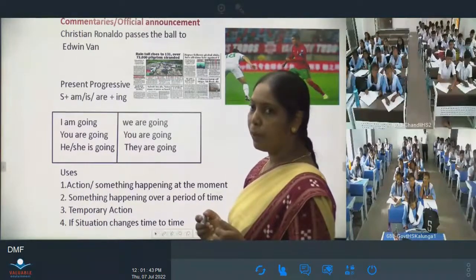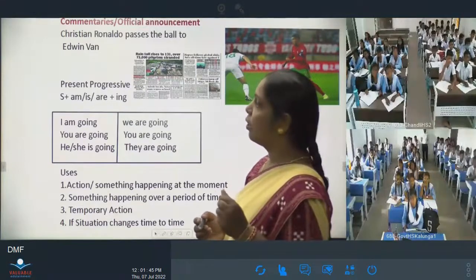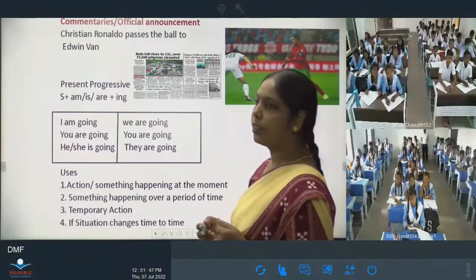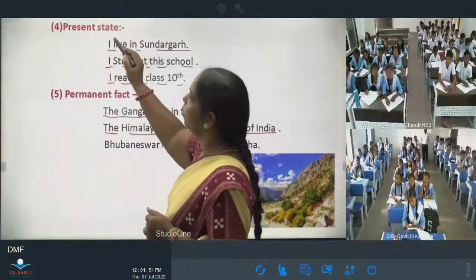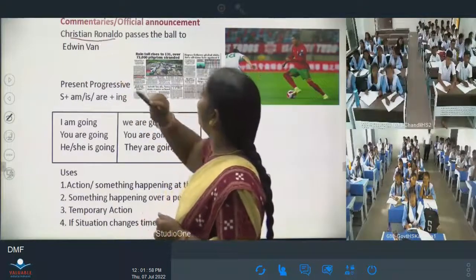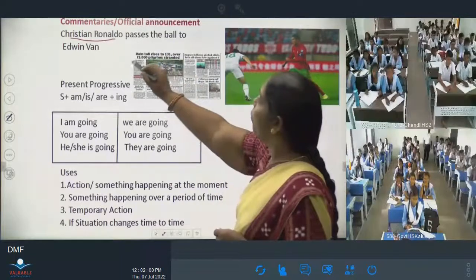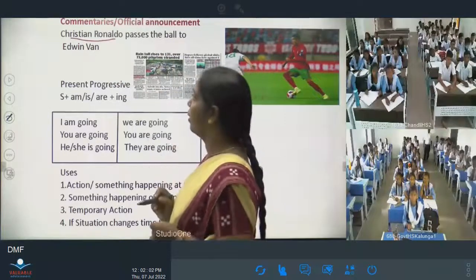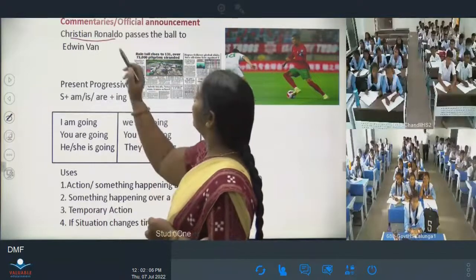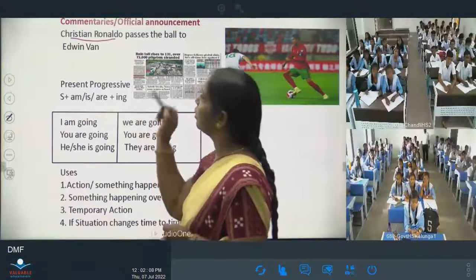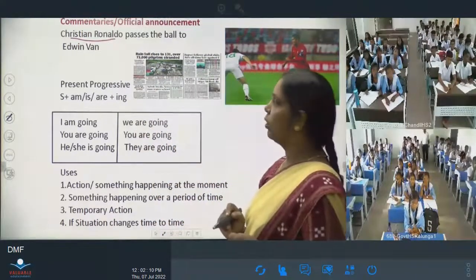There is a football match of Cristiano Ronaldo. In that case, the commentator says, Cristiano Ronaldo passes the ball to Edwin Van. This is the subject and this is the verb. It is clearly stated that this is present simple tense.